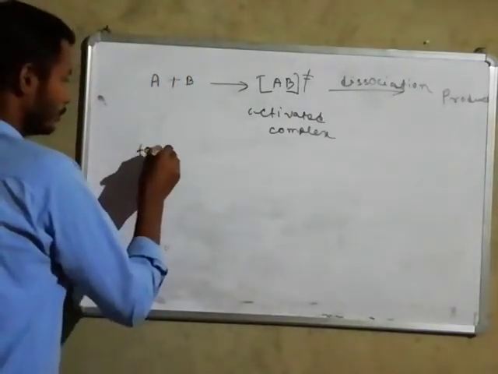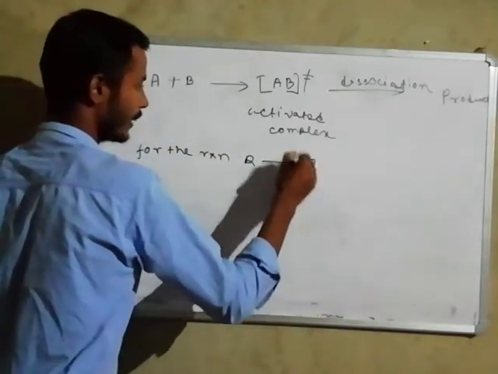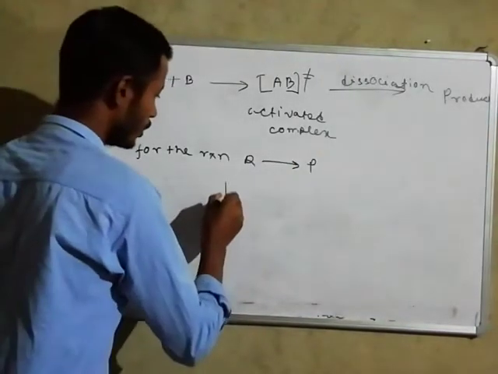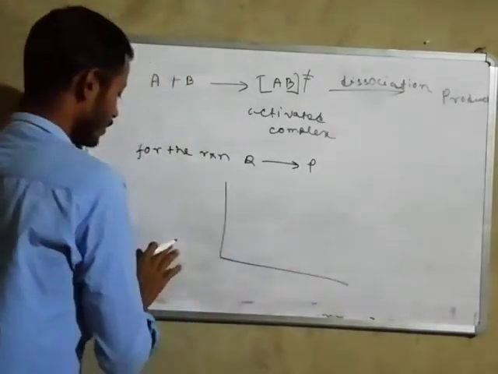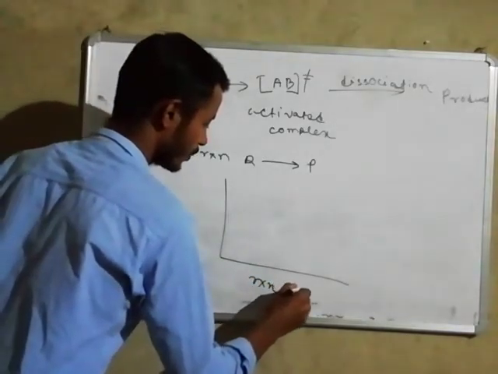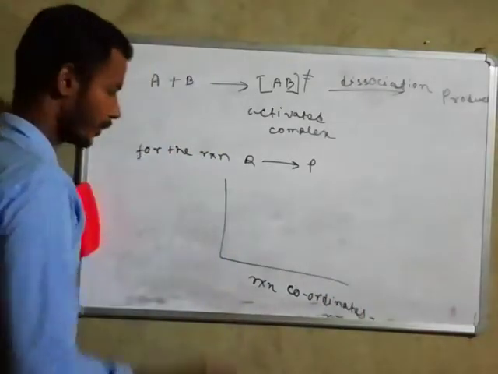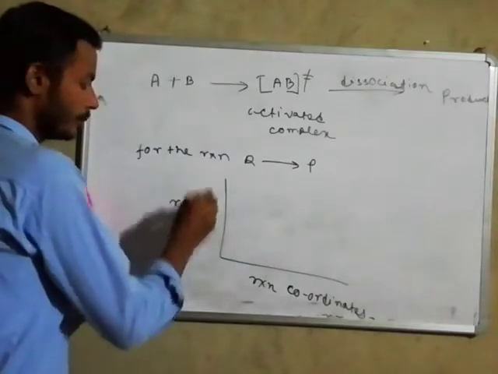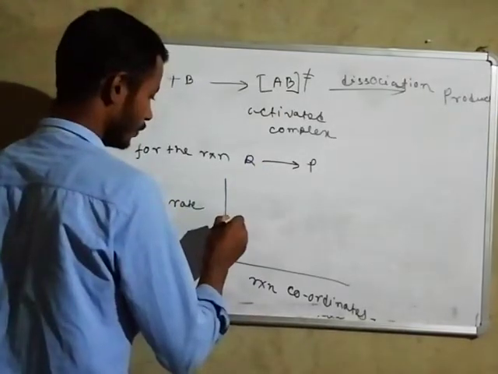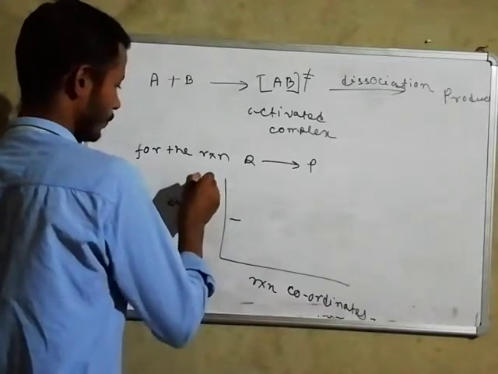For the reaction R gives P, R is the reactant and P is the product. Okay. So in this, this is the reaction coordinate, and this is the energy.